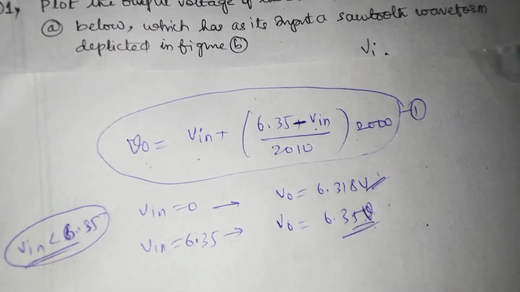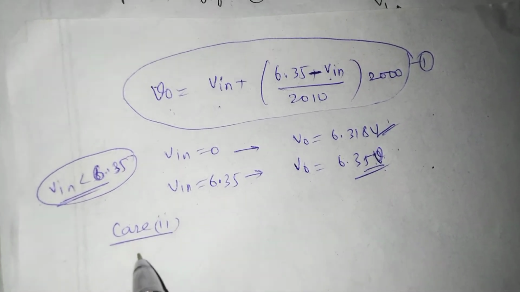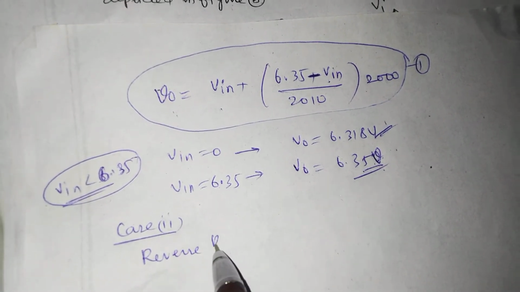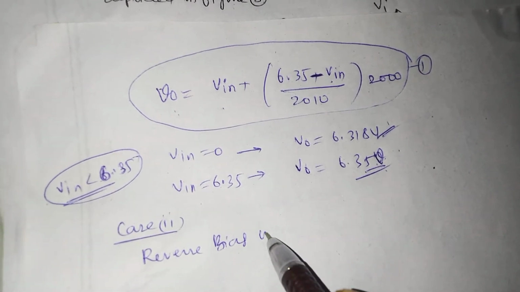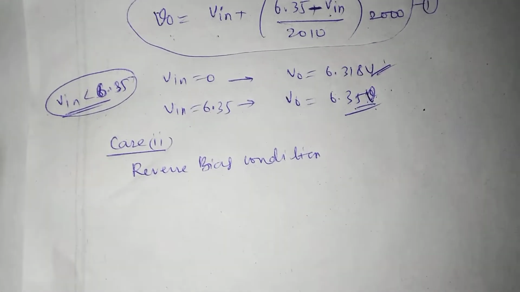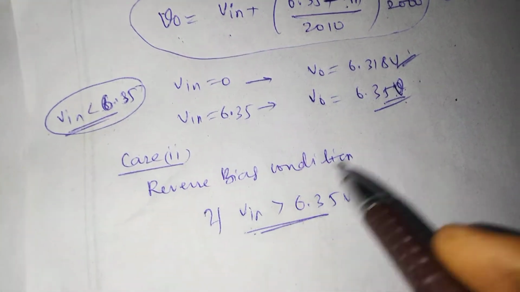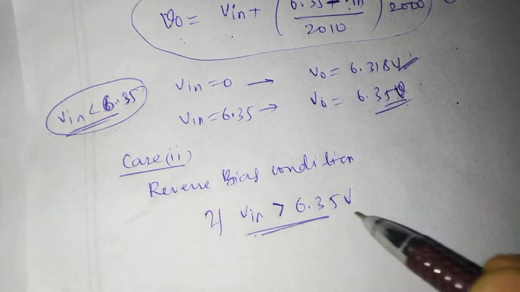So we go for case 2, reverse bias. For the reverse bias condition, the condition is V input greater than 6.35 volts.